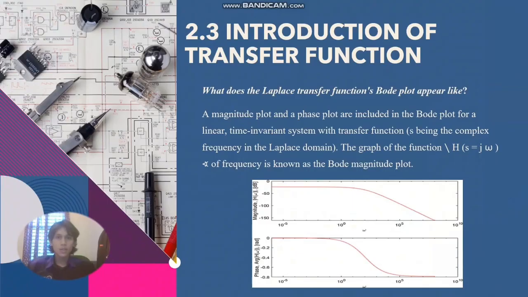What does the Laplace transfer function's Bode plot look like? A magnitude plot and phase plot are included in the Bode plot for a linear time invariant system with a transfer function. S being the complex frequency in the Laplace domain, the graph of the function H(s) equal to H(jω), over frequency, is known as a Bode magnitude plot.